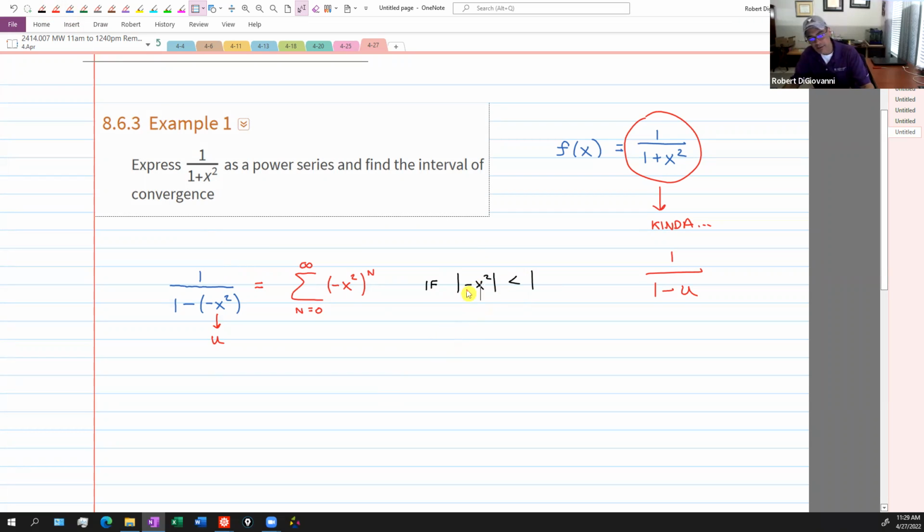And I don't need the negative anymore, right? In fact, I don't need the absolute value at all, because if I take the absolute value of a negative number, it's positive, and any number squared is going to be, what do you call it? Positive, right? So this is really saying x squared must be less than 1.